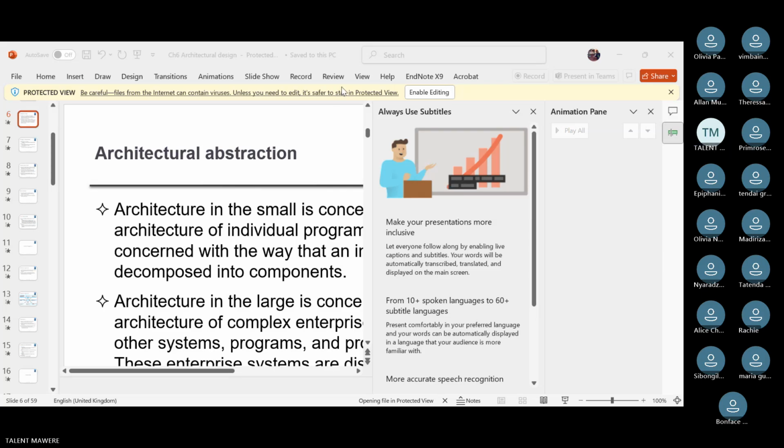Alan? Alright, the slides are not moving, or on my phone it just shows architectural abstraction. I'm on the slide titled architectural design decision. We are still on architectural abstraction, right? The first slide. Is it the same question?